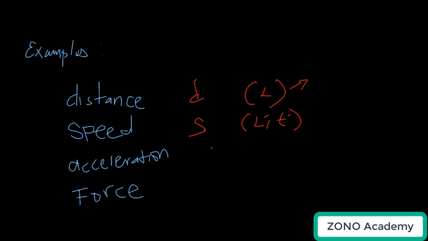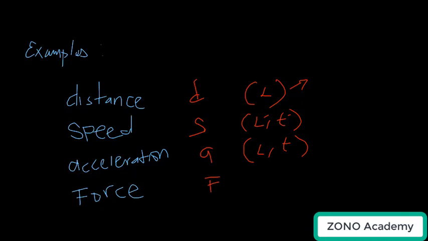And another example is acceleration, which is also just a combination of length and time. You see that acceleration is just the speed over the time, and we know that the speed is a combination of length and time. So acceleration is also a derived physical quantity which is a combination of length and time. And then lastly, amongst our examples, is the force.